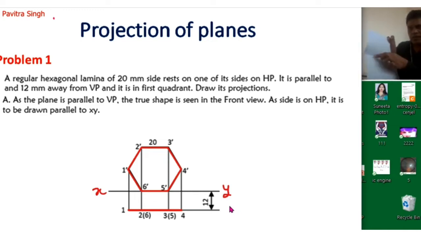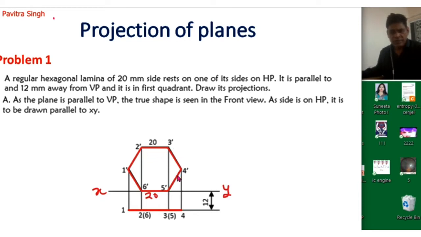So this is called the reference line XY. This line is drawn first, and on this line we will draw the line 6 dash 5 dash, which is equal to 20 mm.